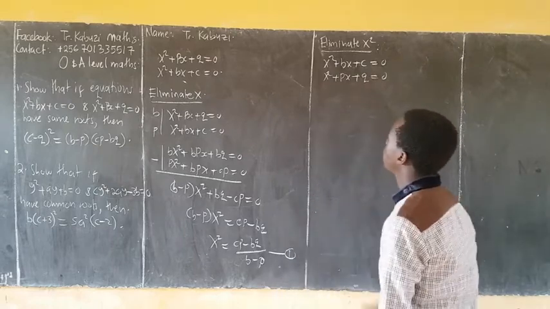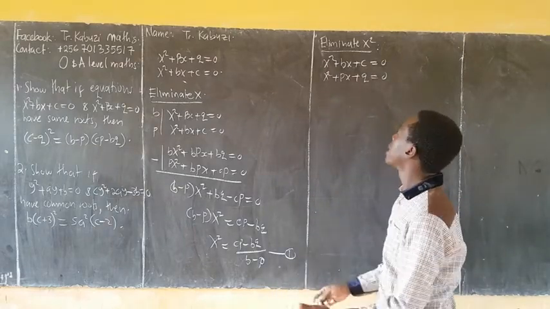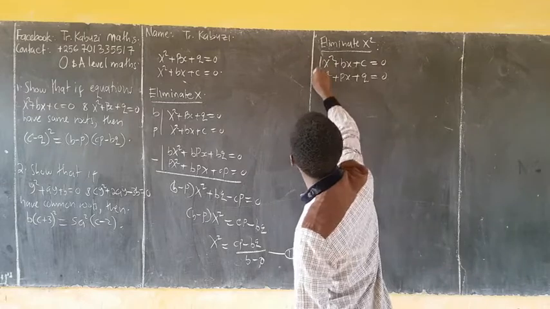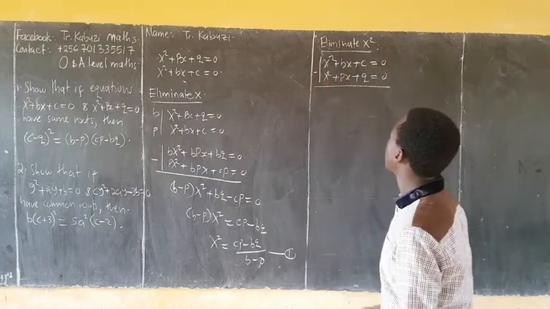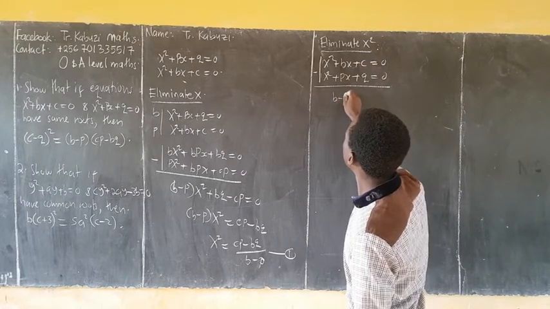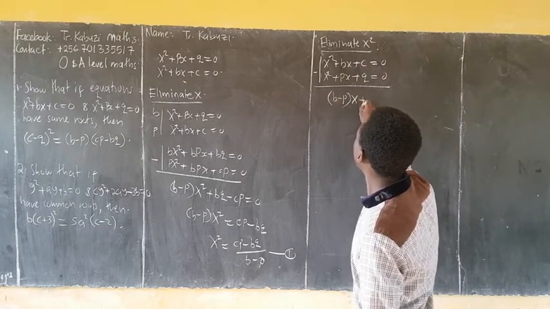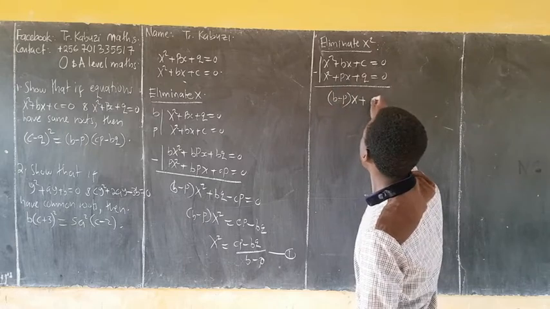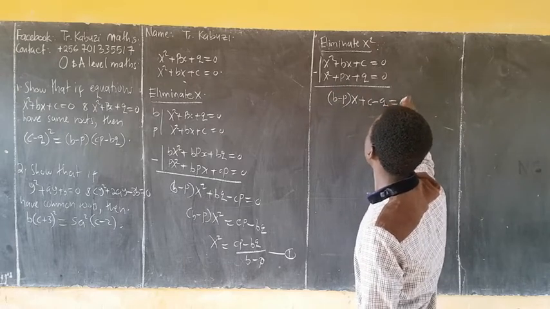So you see that the coefficient already here is the same, so I eliminate by subtracting. So if I subtract, I'll be adding this minus this, I'll be adding b minus p into x, then plus c minus q equal to 0.